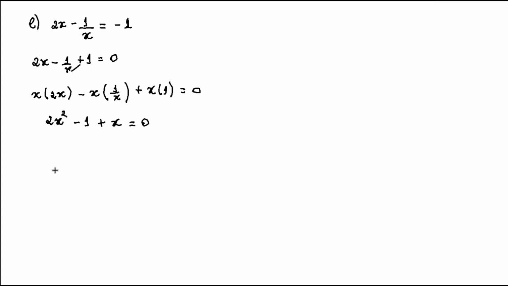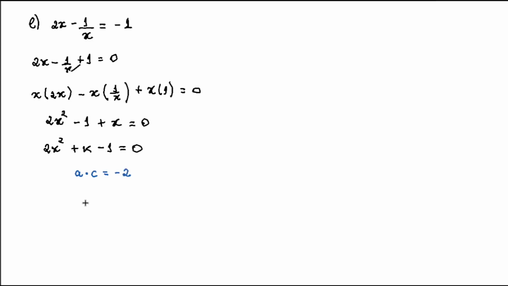Now let's rearrange the equation in standard quadratic form. 2x squared plus x minus 1 equals 0. Now we need to factor the quadratic equation. Note that the coefficient a is greater than 1. Then we have to split the middle term into two terms in such a way that the product of their coefficients is equal to the coefficient a times the coefficient c. a times c equals minus 2.